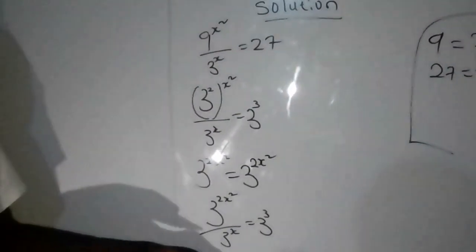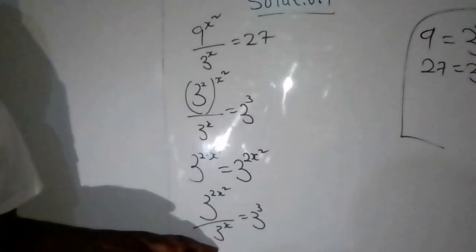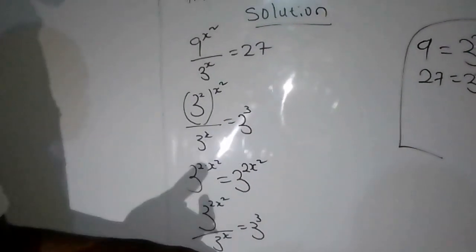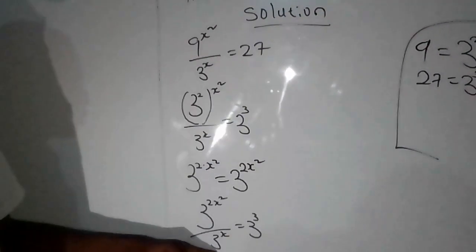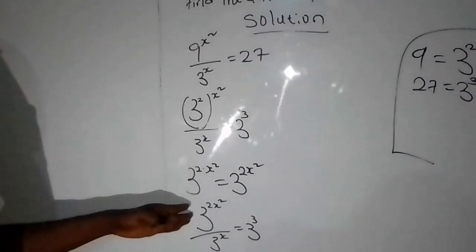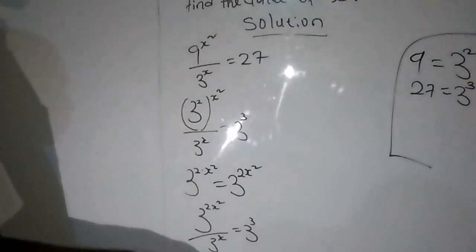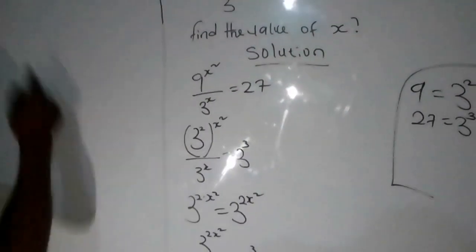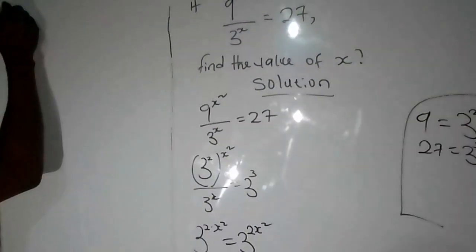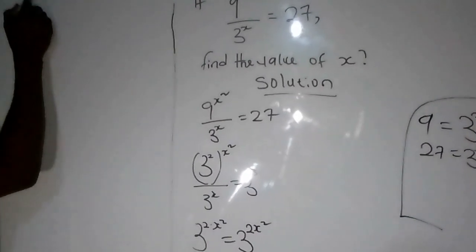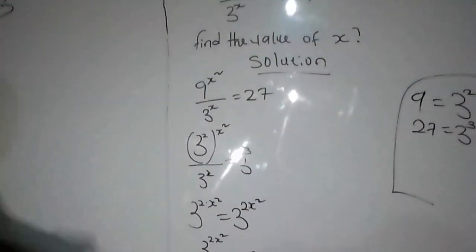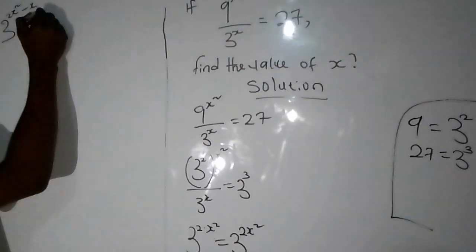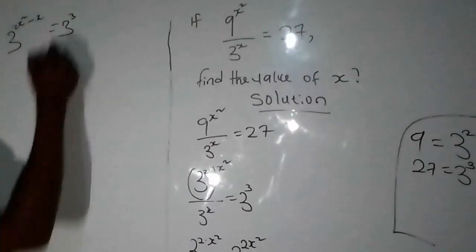So now, from your knowledge of indices, particularly the division rule, that is what we are going to apply here. When you apply the division law, it becomes 3 raised to power 2x squared minus x equals to 3 raised to power 3.